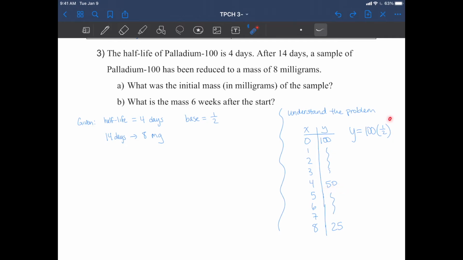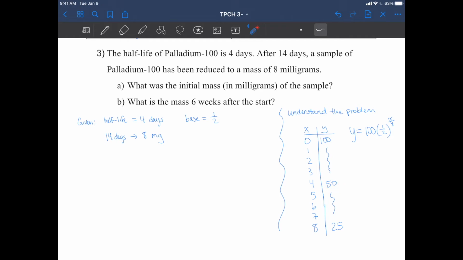So that means this exponent has to be 1 for this 50, but how do I plug in x? How do I plug in x equals 4 to get an exponent of 1? So I think what's useful is for me to write x divided by 4. Okay, because now if I plug in 4 in here, I'm going to get 4 divided by 4 in the exponent. That's 1.